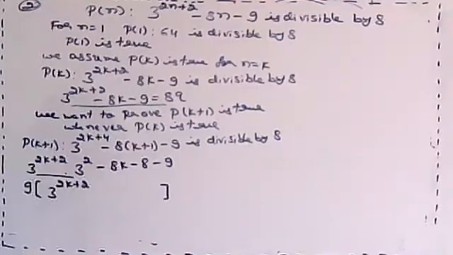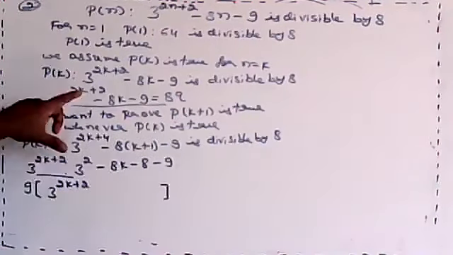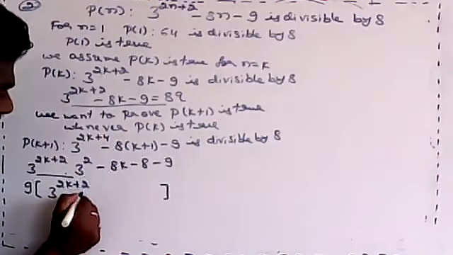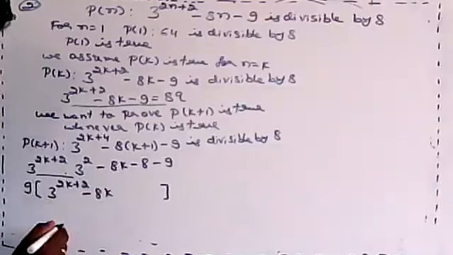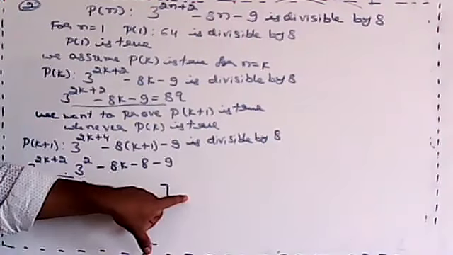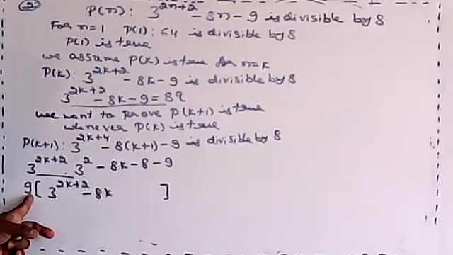And then next, see here, to get 8 cube, I want minus 8k, no? I'm taking minus 8k also here. If I take minus 8k, then I have to take plus 8k into 9, no? Correct or not? So what is 9 into 8?